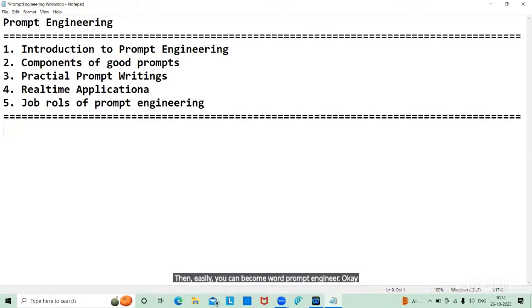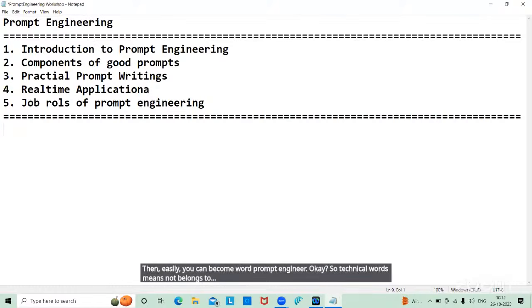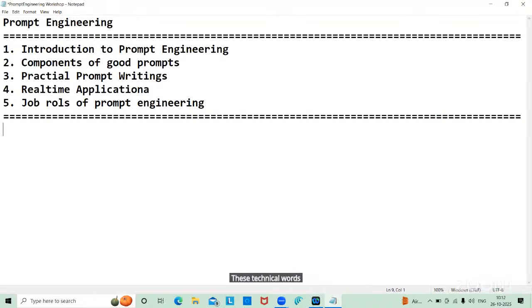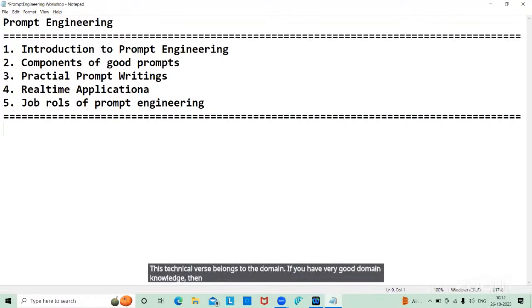These technical words do not belong to programming languages; they belong to the domain. If you have very good domain knowledge, then you can give effective prompts.